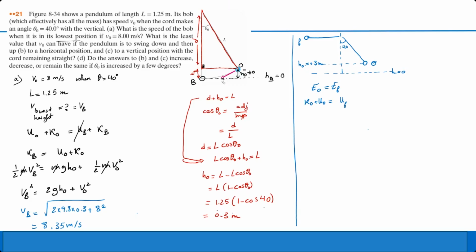Our final point will not have any kinetic energy because we want the minimum size of VO so that the pendulum can reach this point. So I will make it barely reach this point. So it will not have any speed. That would need more initial speed, and we want the minimum initial speed for reaching this point. So there is no kinetic energy. I'll look at what I have. KO is what I want.